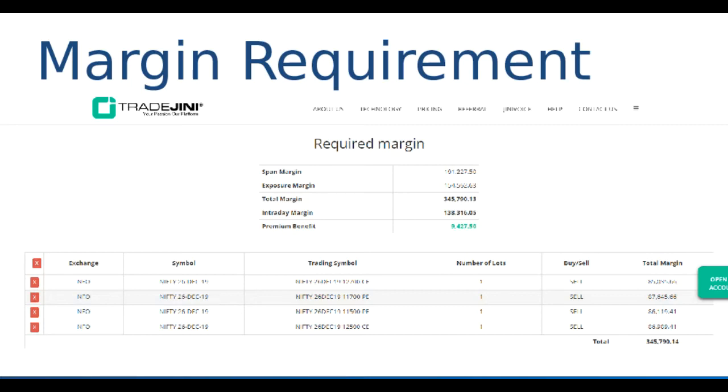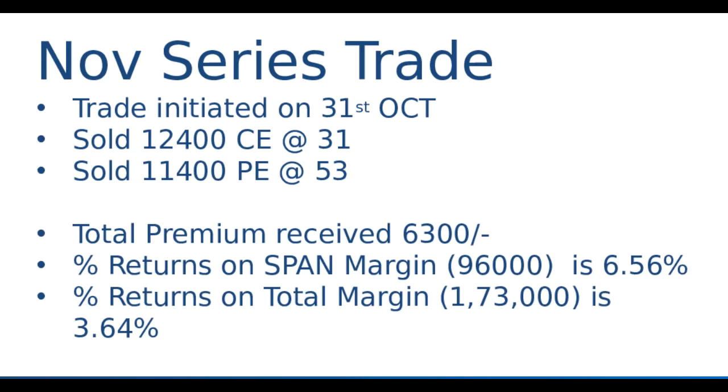See, what I meant is, as soon as you construct the strategy, you'll know that 6,300 is the maximum profit that you can make, right? 6,300 on 1,73,000 is 3.64%. Clear?